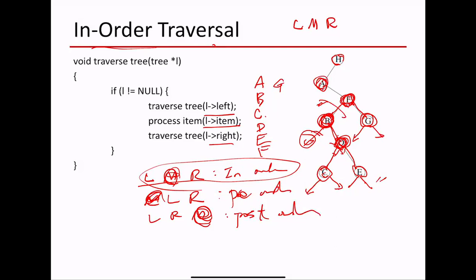In the view of A's perspective, all my left is taken care of, me is taken care of, all my right is taken care of, then roll back once. Then in the view of H, all my left is taken care of, then H, and I don't have right. So A, B, C, D, E, F, G, H is the in-order traverse. I think you know how to do pre-order and post-order, right?